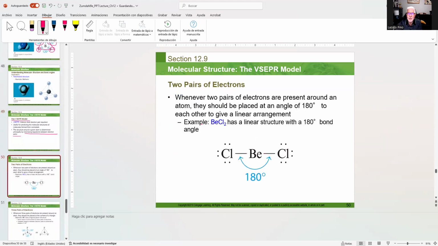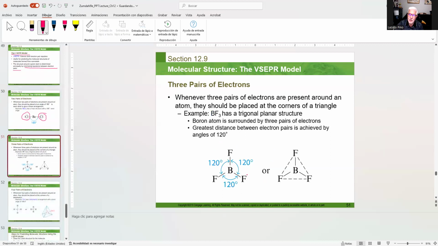For example, in compounds of beryllium, the best structure in order to lower the repulsion between these electrons is the linear structure with a 180 degree bond angle.